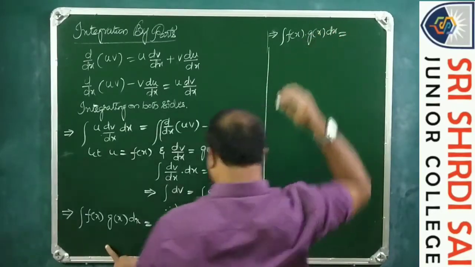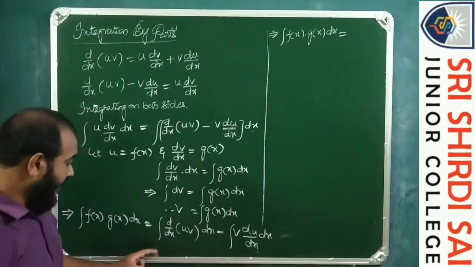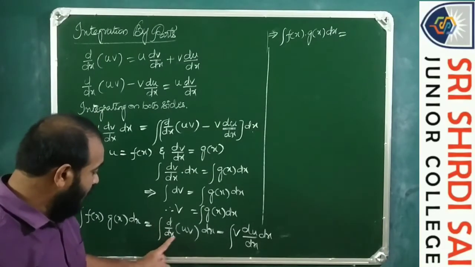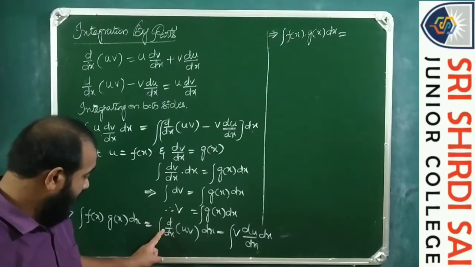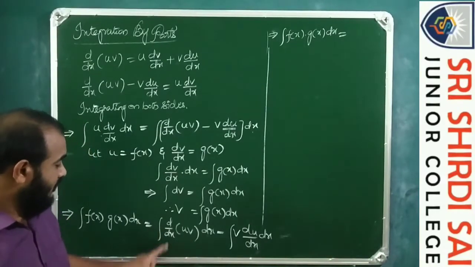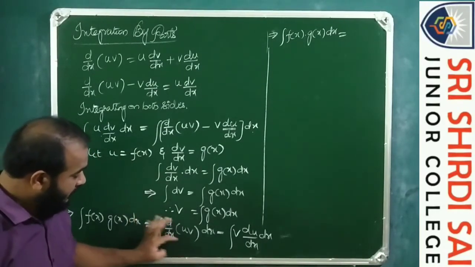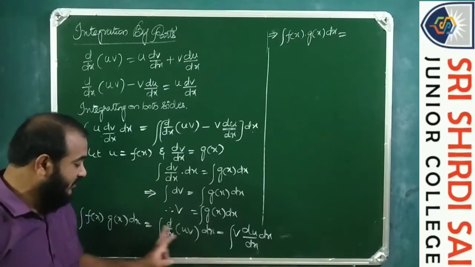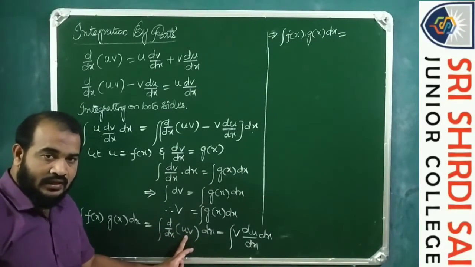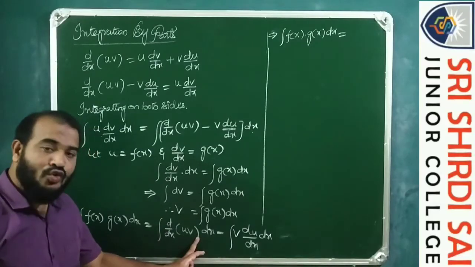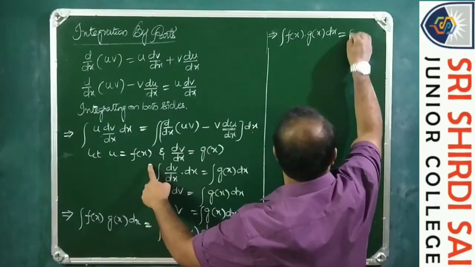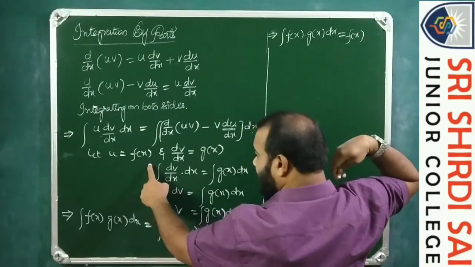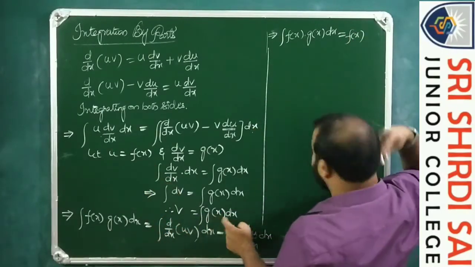On the right, the integral of d by dx of uv dx is uv, since d by dx and dx cancel. Here u equals f of x, and v equals the integral of g of x dx.